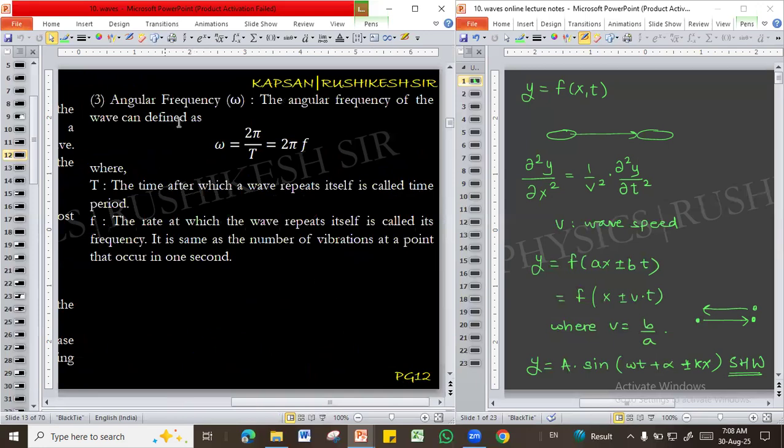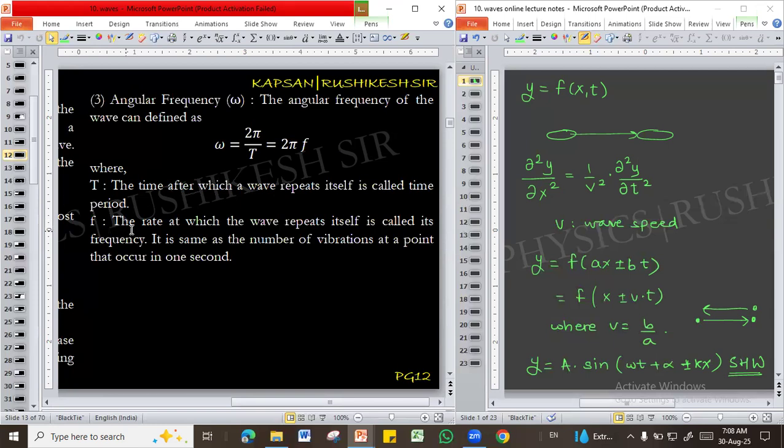Then we discussed angular frequency. Angular frequency of the wave can be defined as 2π/T or 2πf, where T is the time after which the wave repeats itself. Basically, it is the time period of oscillation of any one particle of the medium.